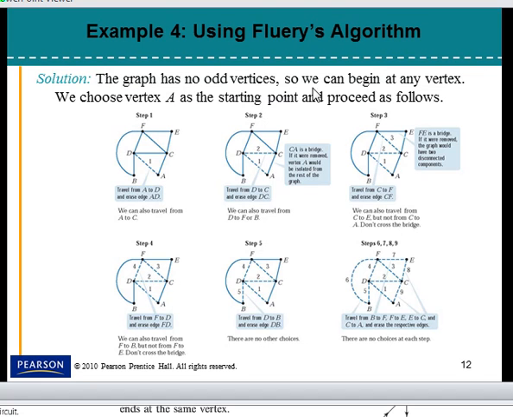This is the solution. So we can begin at any vertex. We choose vertex A as the starting point and proceed as follows.